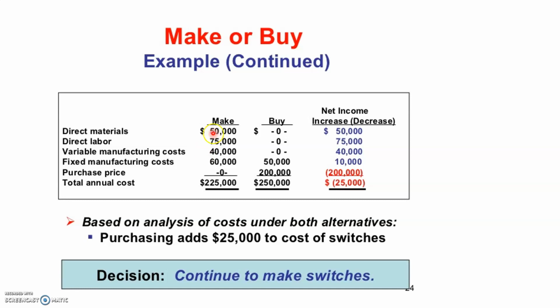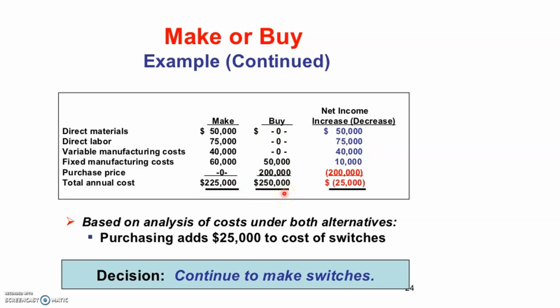If you're making the product in the company, we have only 2 lakh 25,000 as the annual cost. If you're buying the same product from the market, there will be an incremental cost. Cost will be increased. So we can recommend to make the product in the company instead of buying.